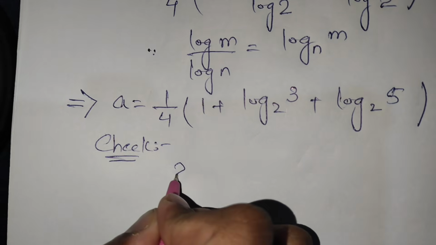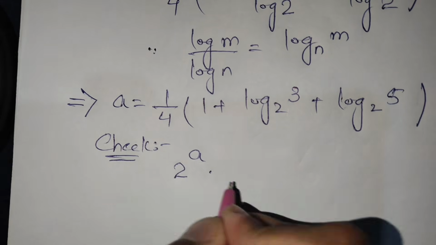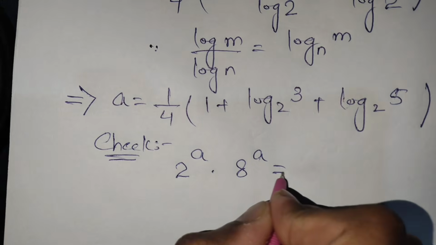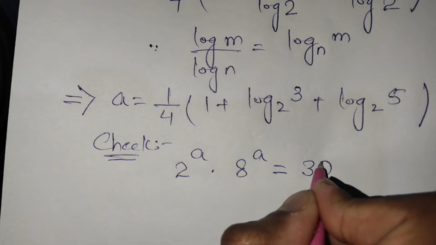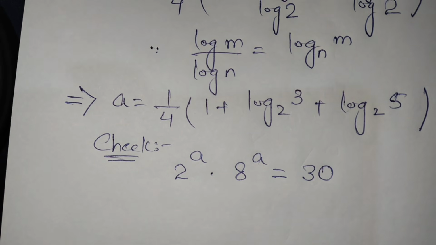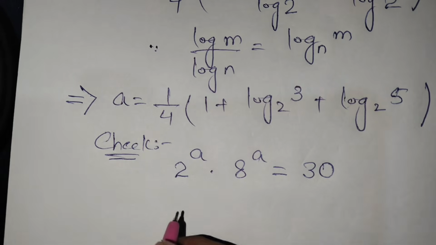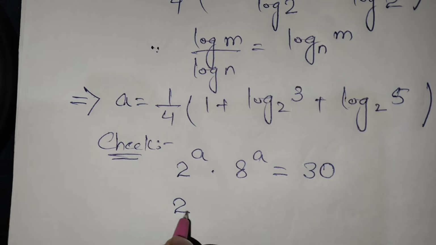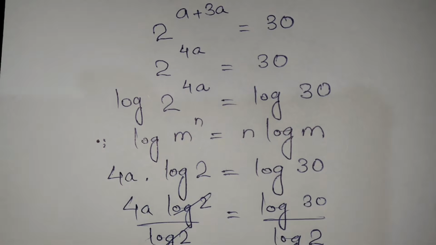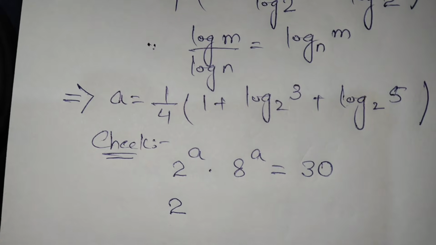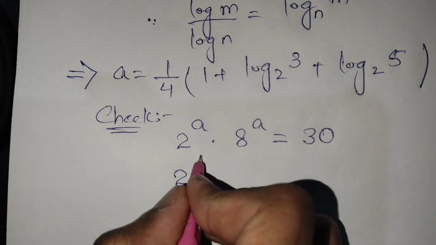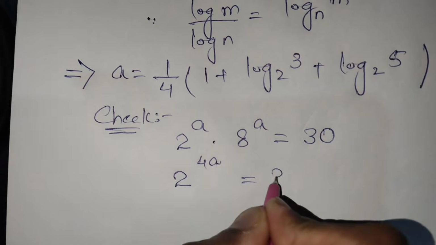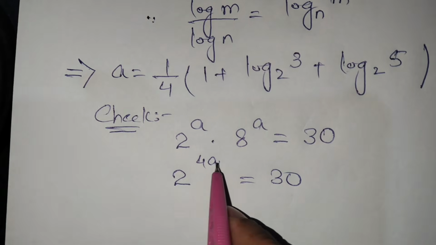We know that the given equation is 2 power a times 8 power a equals 30, or after simplification we got 2 power 4a equals 30. Now put the value of a here.